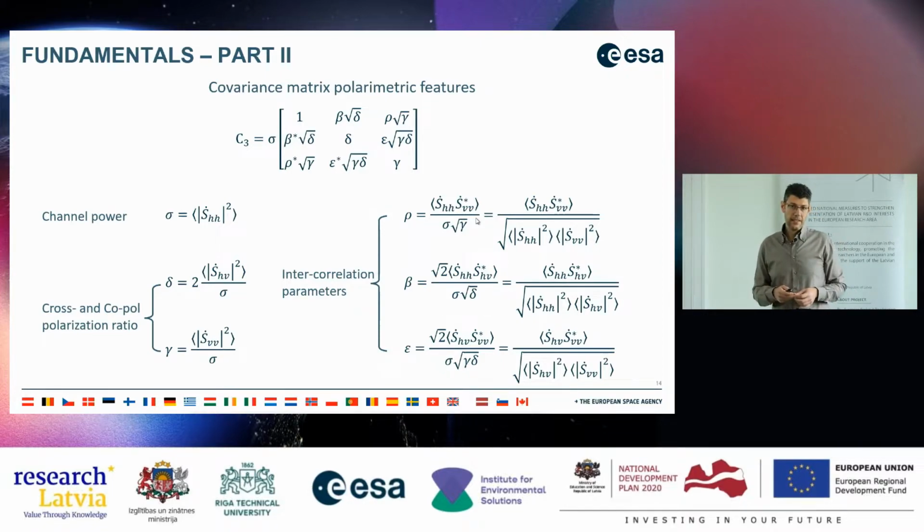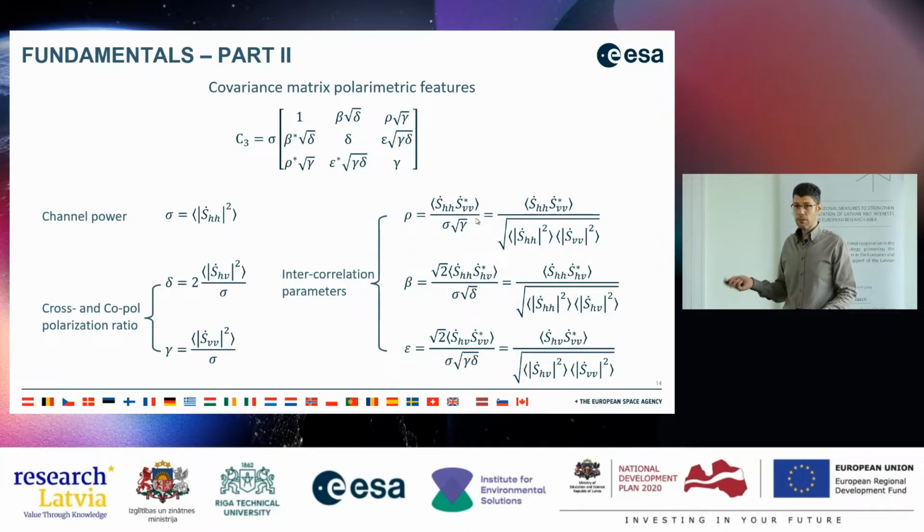And this is quite nice because it gives you already some so-called polarimetric features. So, for example, with sigma, we usually denote the channel power. Then you have some other features that are the delta and gamma, which are the cross and copole polarization ratio.